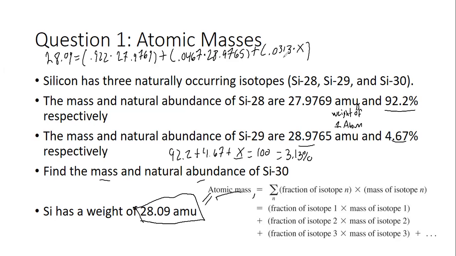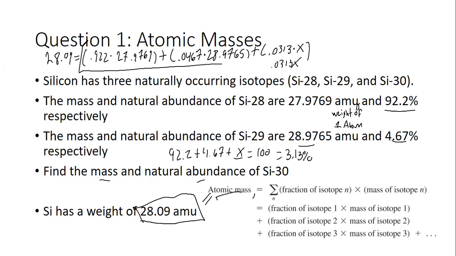Yes, 3.13 is the natural abundance of silicon-30. So, algebra time. Solve for X. In case it's been a long time since you've done math, basically you multiply the things in the parentheses together, so you do 0.922 times 27.9769, and then plus the other parentheses, plus 0.0313x.